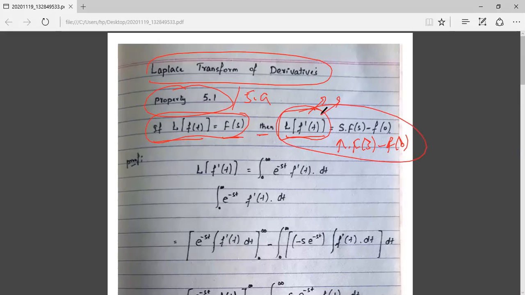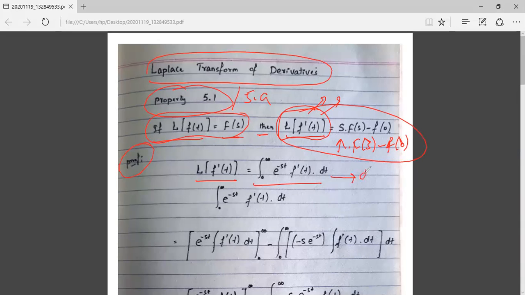Okay, let me prove property 5.1. Laplace transformation of f dash of t is equal to integration over 0 to infinity e to the power minus st f dash of t into dt.